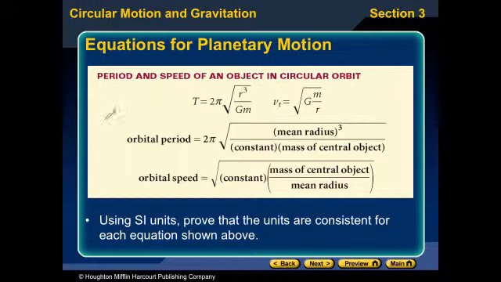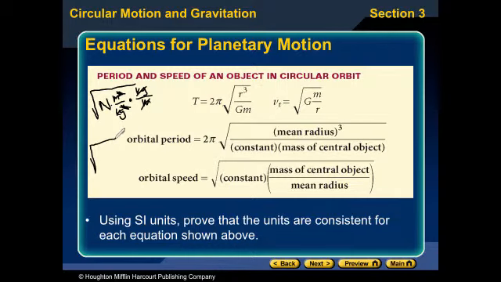Let's see if we can do that. So we have the square root. Our units for G is Newton times meters squared over kilograms squared. And then we're taking it times mass in kilograms over radius in meters. So right away, one of these kilograms cancels out. It's not squared anymore. Same with meters. Now we have a Newton times a meter over kilogram.